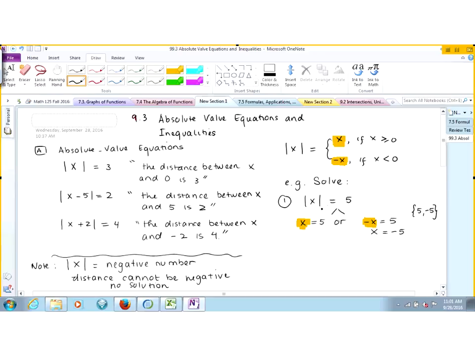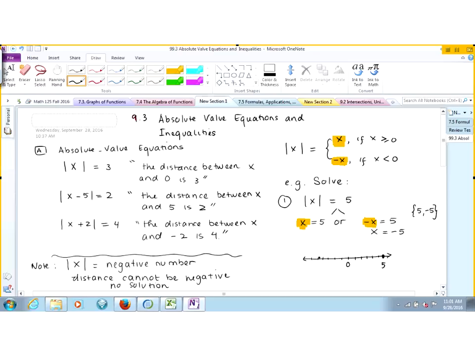How do I draw absolute value of x equals 5 on my number line? What does it mean? The distance between x and 0 is 5. So 1, 2, 3, 4, 5, 6. This is 0. 1, 2, 3, 4, 5, 6.